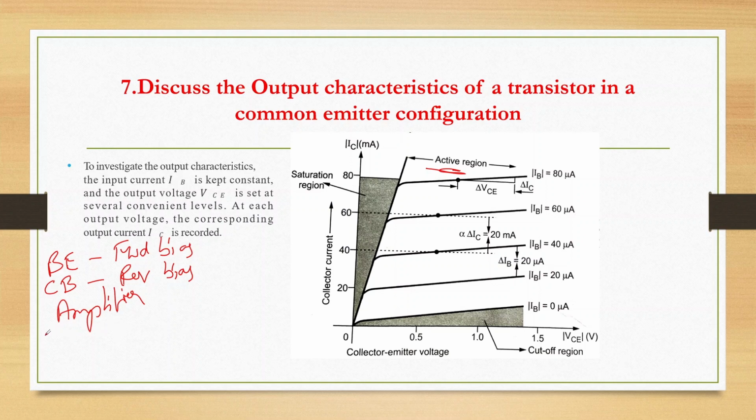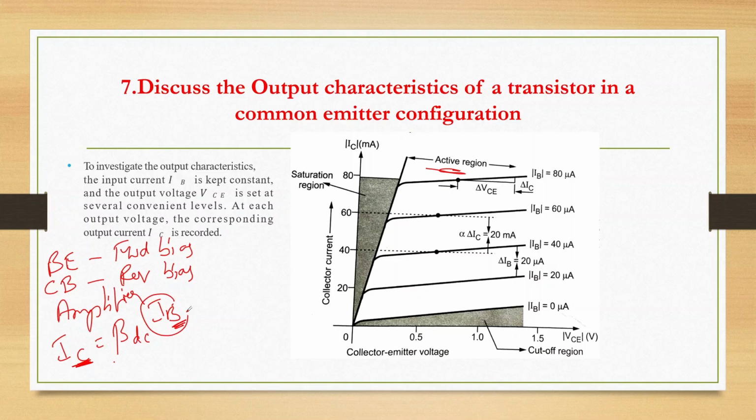So here what is happening? The IC is equal to the DC current gain times IB. Thus a small input produces a large output.